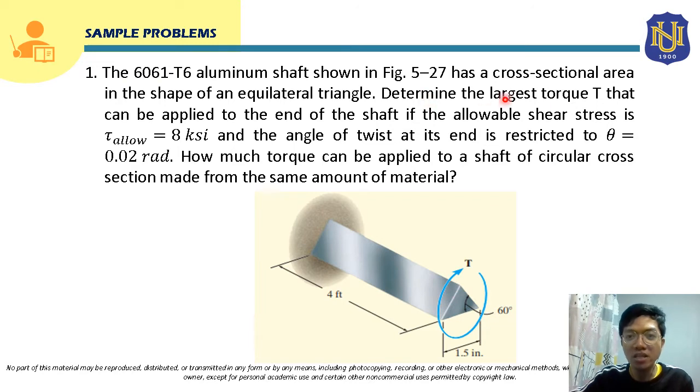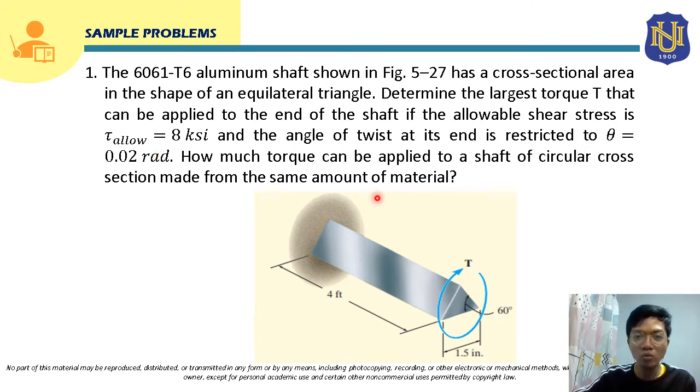Determine the largest torque T that can be applied to the end of the shaft if the allowable shear stress is 8 ksi and the angle of twist at its end is restricted to theta equal to 0.02 radian. How much torque can be applied to a shaft of circular cross-section made from the same amount of material?